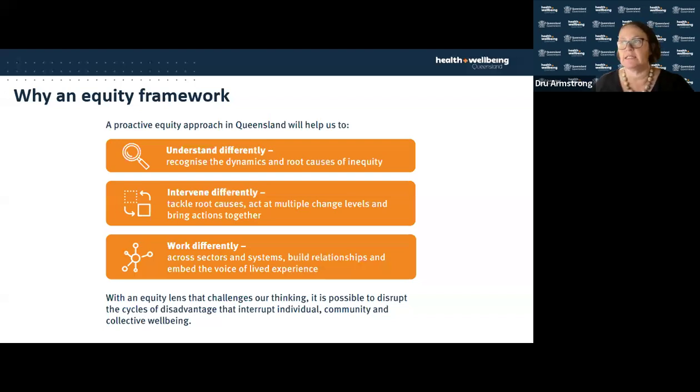This firstly is understanding differently. So understanding our equity system. It shows all the context within which equity can play out, those larger contextual things around the outer blue and green ring, and aspects like disenfranchisement, dehumanization, disadvantage.